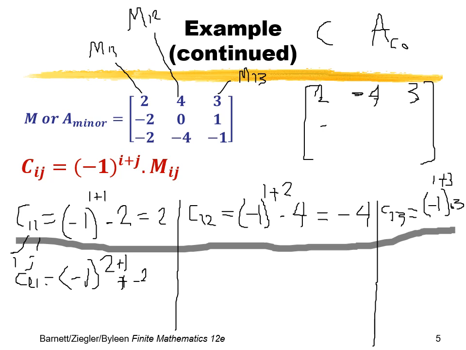We have here negative 1 power 3, which will equal negative 1 times negative 2, which is the M21. So negative 1 times negative 2 will equal positive 2.